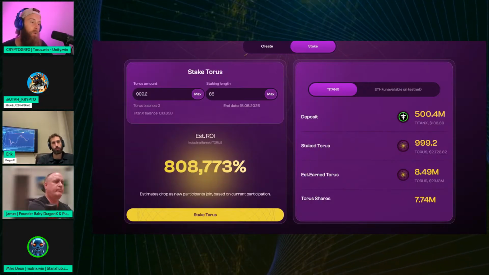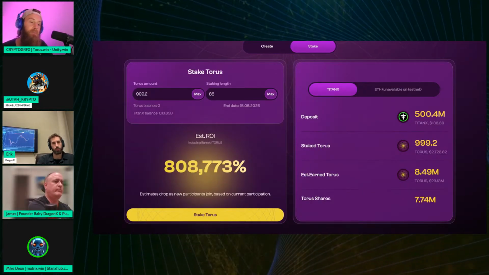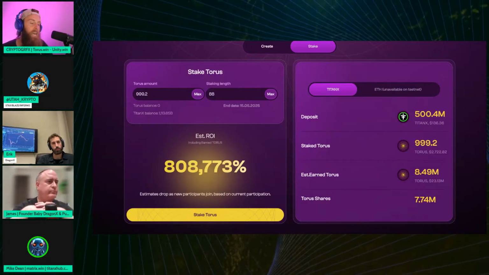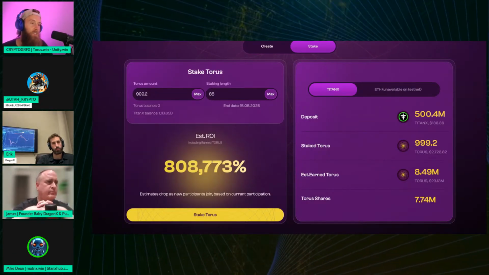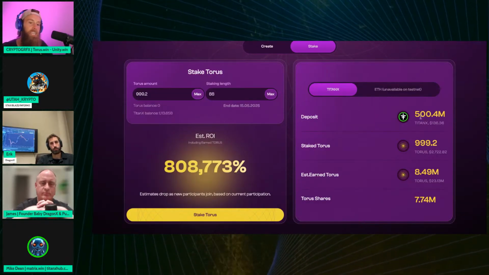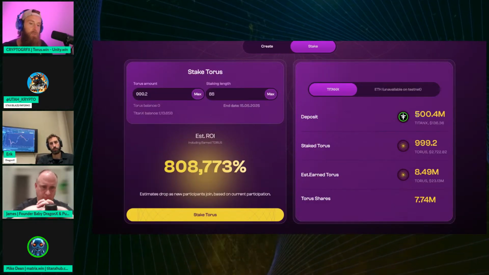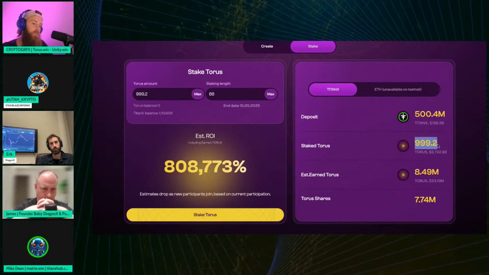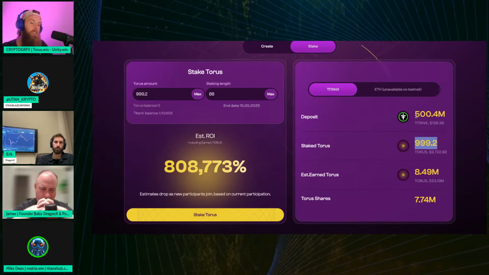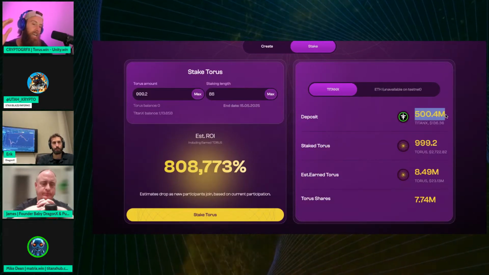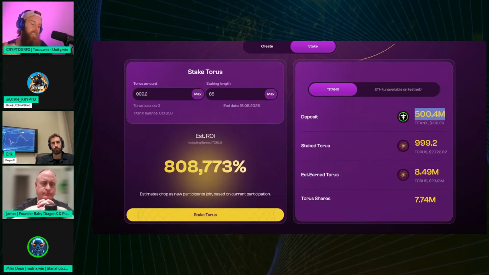And what I haven't seen many people talk about yet is if you do the math on what happens with staking over time. The one thing I talked about a little bit in the white paper is the staking costs, right? So 500 million TitanX to stake 1,000 Torus on day one. What happens is 500 million allows you to stake less and less Torus over time.